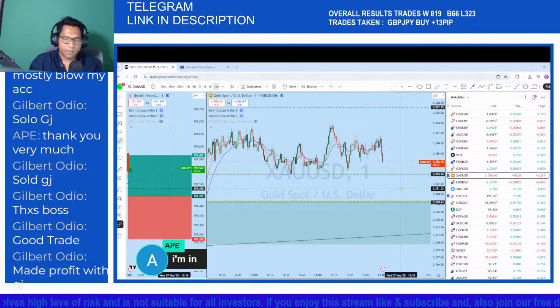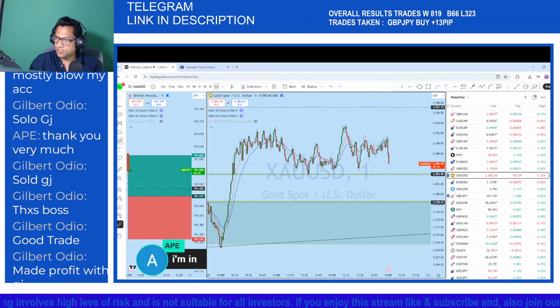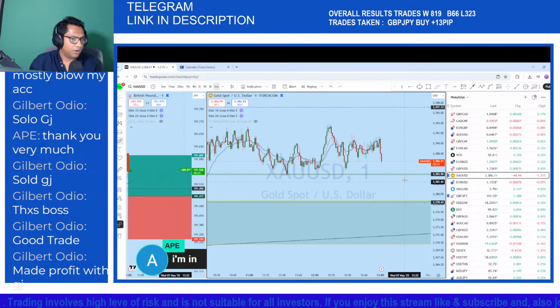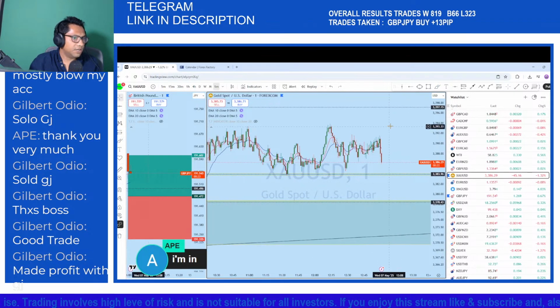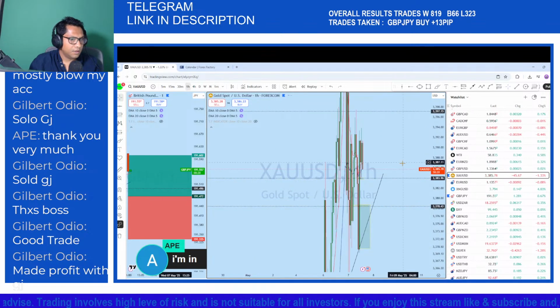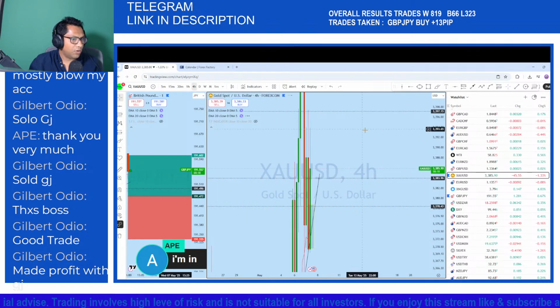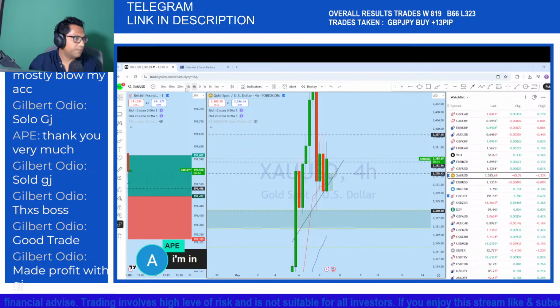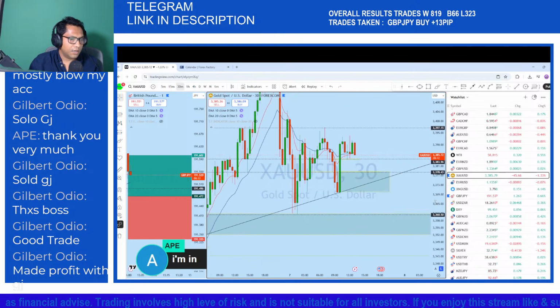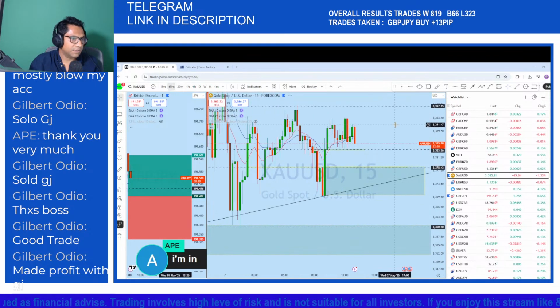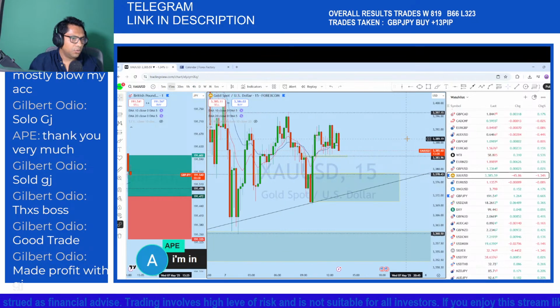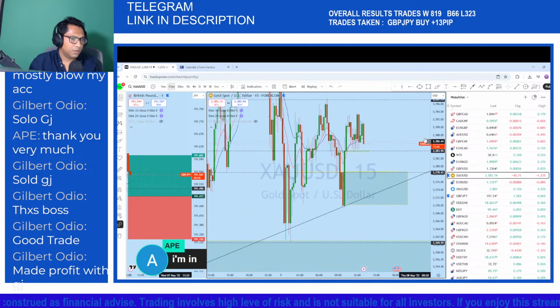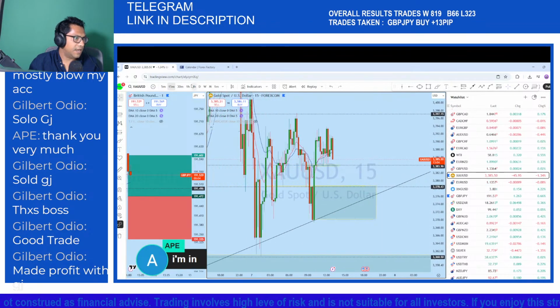On gold, we would like to see that it has broken well below for a liquidity grab. On the 4 hour again, this is what we're waiting for, the market to come back to the support. And once we see the market has come back to the support, we can look for that entry.